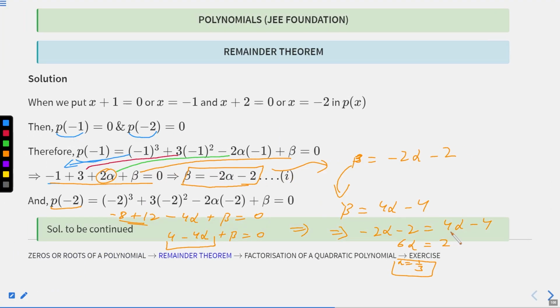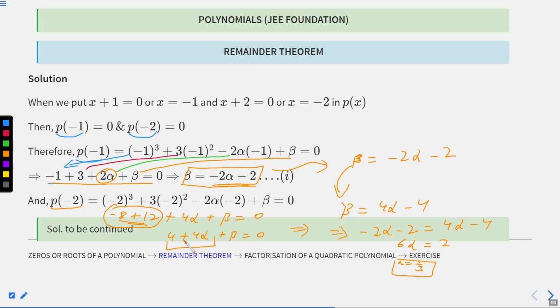So beta is equal to minus 2 alpha minus 2. Yes, this is correct. And for the other one, it is minus 8 plus 12 plus 4 alpha, sorry, I made a little error, so let me correct it now.